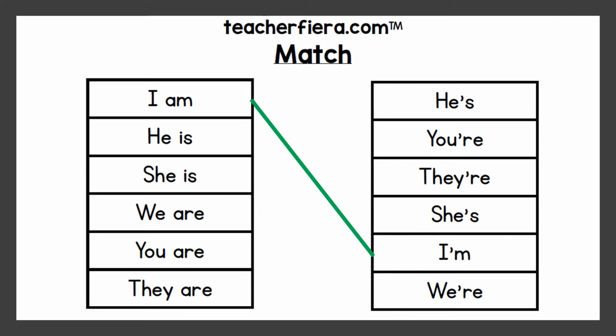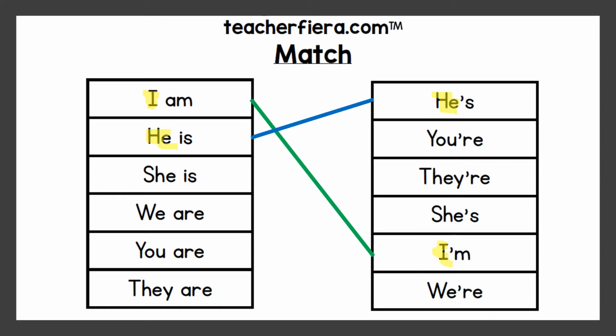How about he is? Yes, when we use he is, the partner will be he's. Look at the first word, I am, and then I'm, and then he is, and then he's.